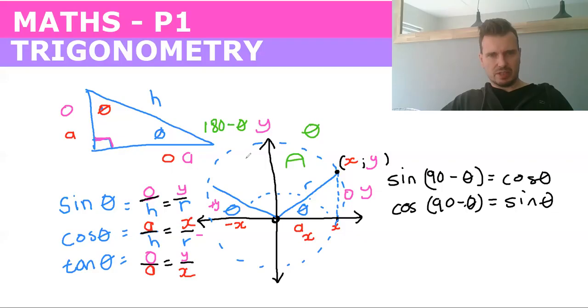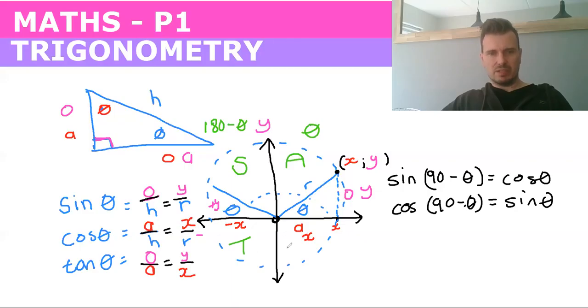And so that's where this S comes from. I'm not going to go through this one, but everything is negative here, and tan is negative over negative, which is a positive. So tan is the only thing that will be positive in this one.